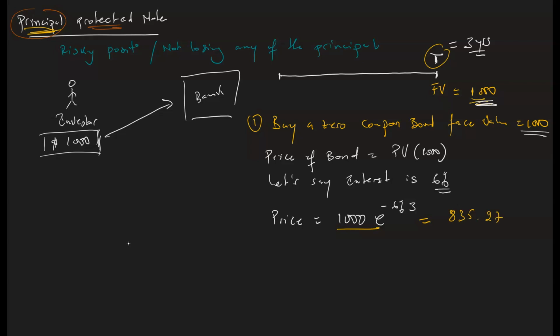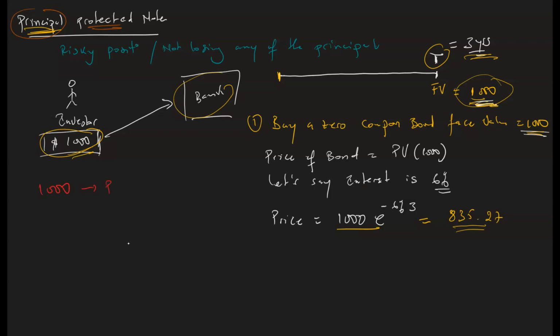What this means is for the bank to guarantee that this investor will receive the $1,000 in 3 years, the bank would go and purchase a zero coupon bond that guarantees $1,000 in the future. That zero coupon bond is going to have a price today of $835. And so today, the bank has $1,000 that the investor has. So we're going to say the bank is going to take that $1,000.